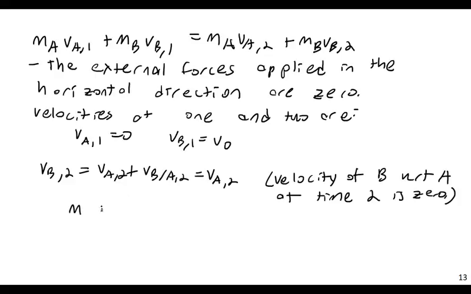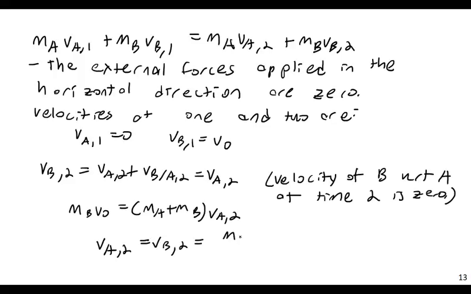And so then I can have MB V naught equals MA plus MB times V of A at point 2, or simply VA, the velocity of A at point 2, is equal to VB at point 2, which is equal to MB over MA plus MB times V naught.